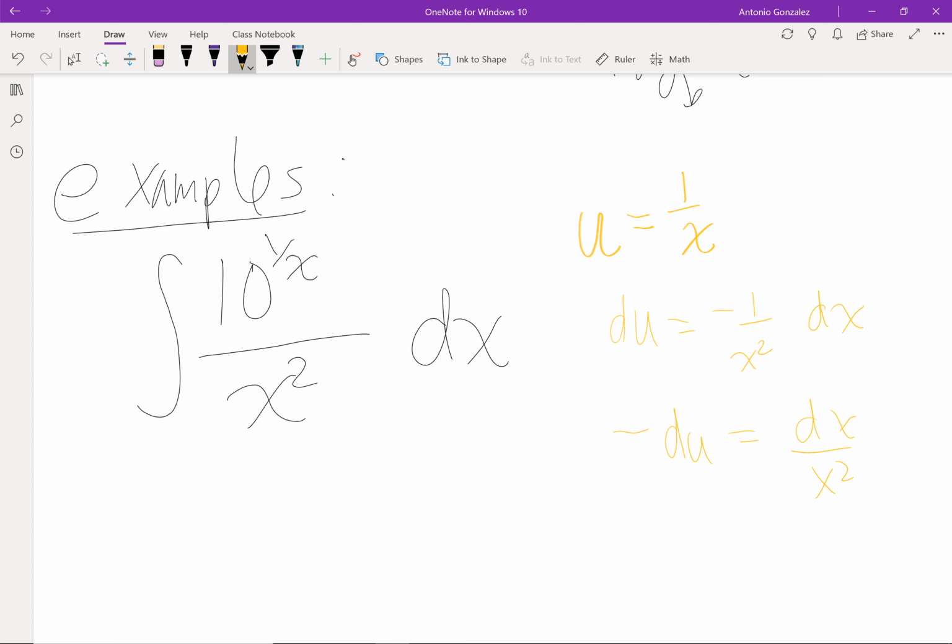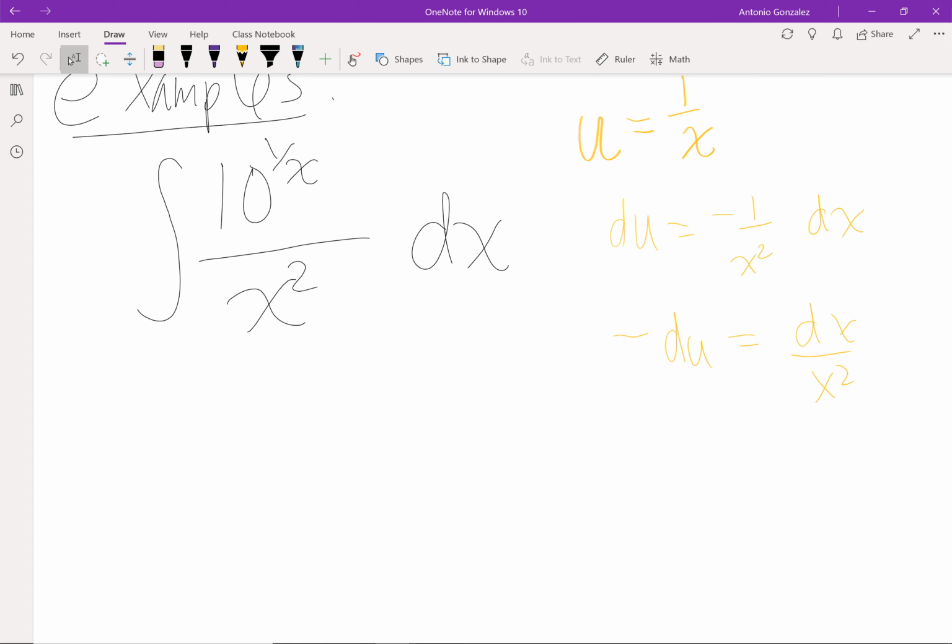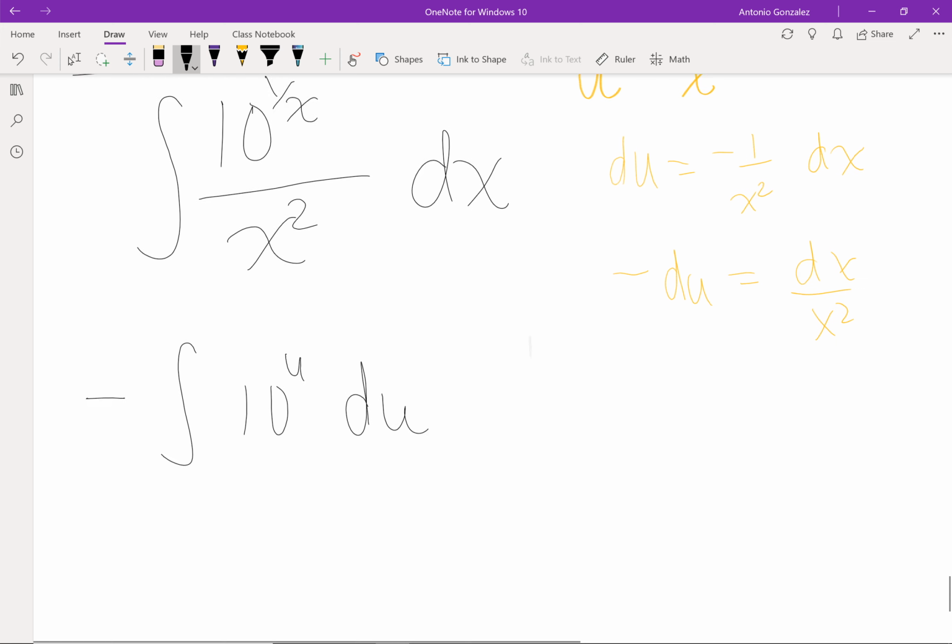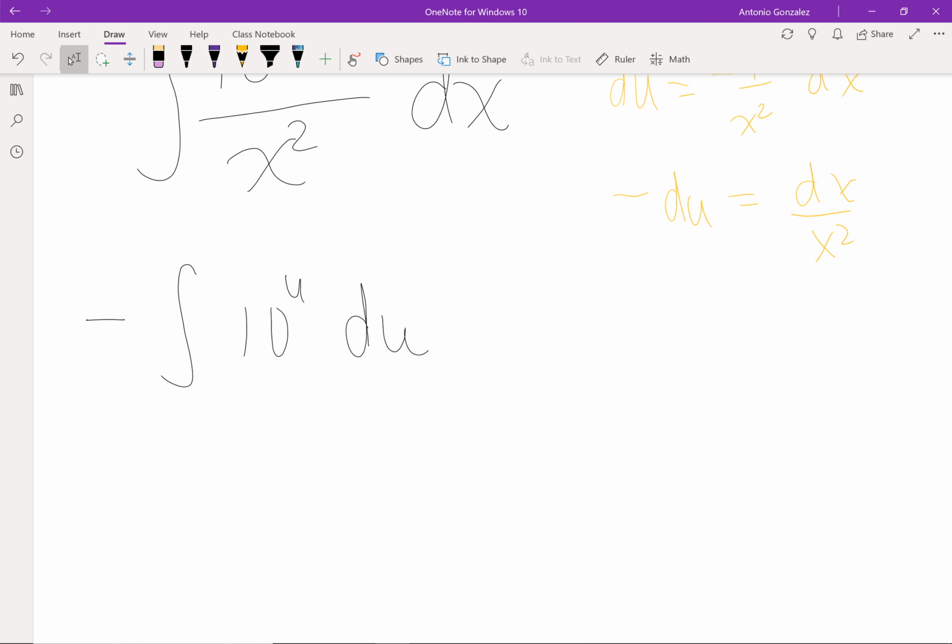All right, so now let me substitute here. We get negative integral of 10 to the u du. All right, so now this worked out well, right? Now we just use, this is a basic base b to our variable.